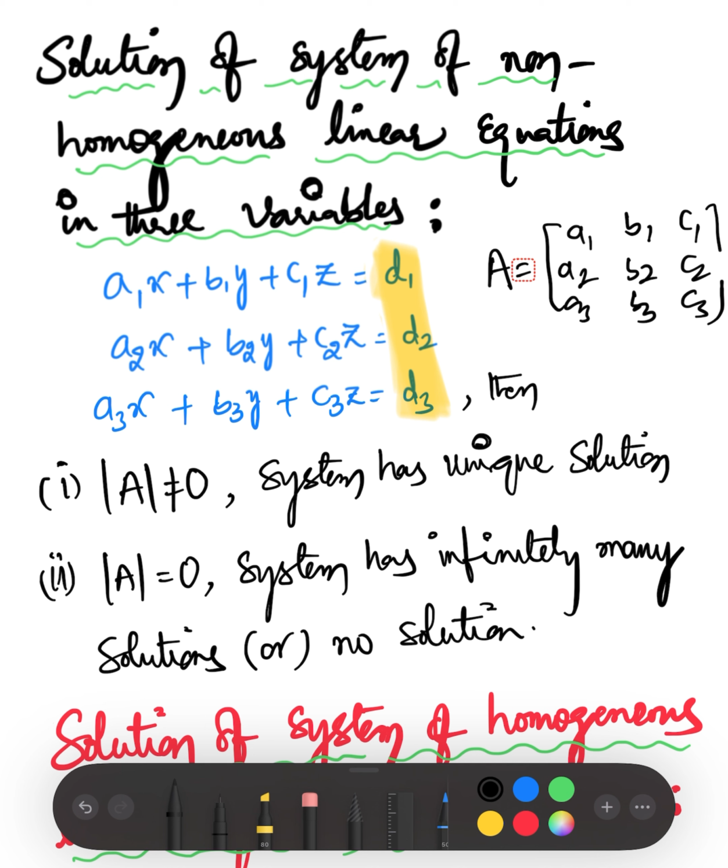If a system has infinitely many solutions or no solution, then det A equal to 0. Right. Now coming to the second concept. Here if it is a unique solution, then det A not equal to 0. If it is infinitely many solutions or no solution, then det A equal to 0.